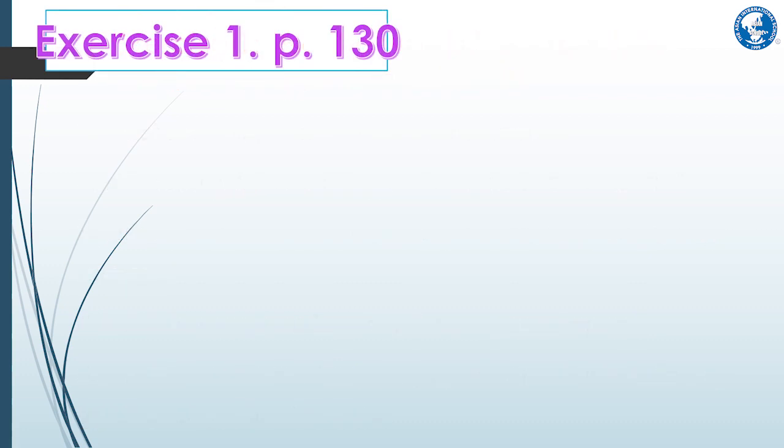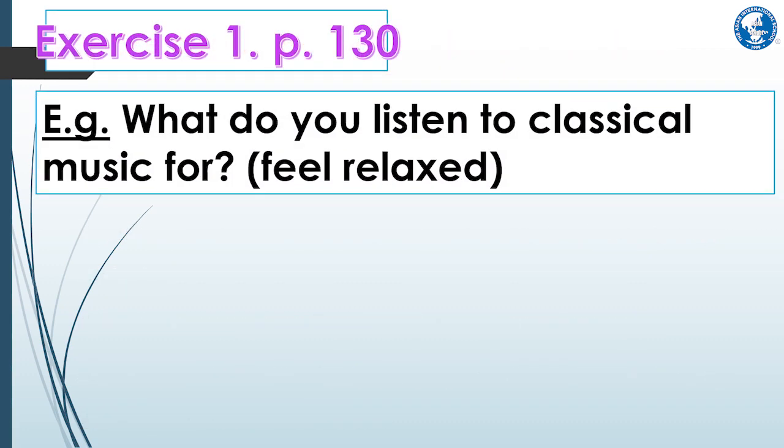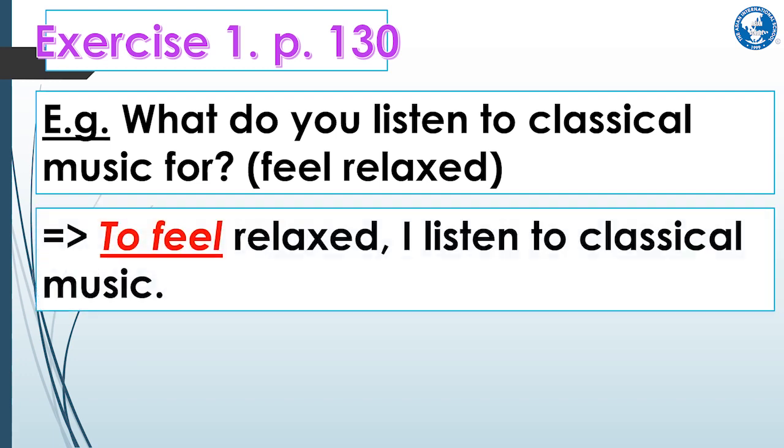Okay, here I have an example. What do you listen to classical music for? What for is equivalent to why, right? So, why do you listen to classical music? Use to infinitive phrase of purpose to answer the question. To feel relaxed, I listen to classical music.